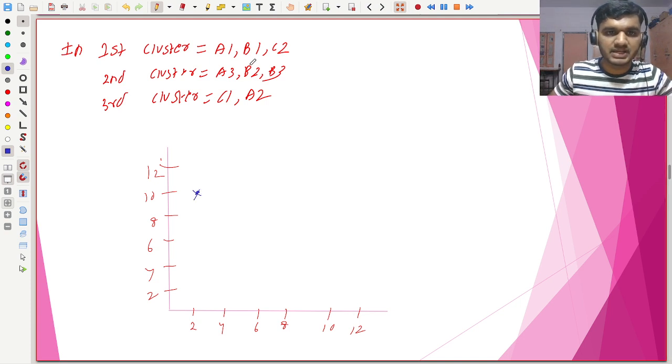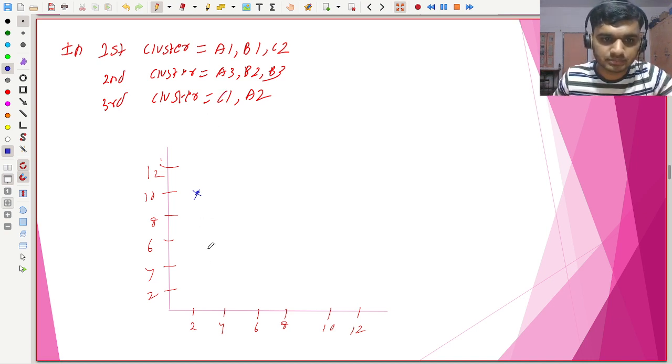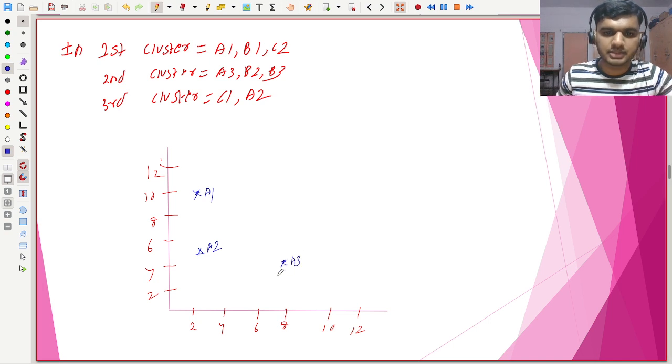Okay, second is A2. If you draw every point, A2 is 2, 5. So here present. And 8, 4 is present here, A3.